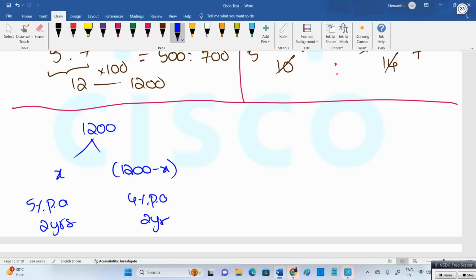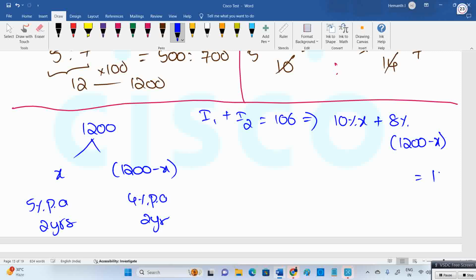Now the first interest plus the second interest combined is 106. First one's interest is 5% per annum for 2 years, meaning 10% of x. Second one, 4% per annum for 2 years, meaning 8% of 1200 minus x, is equal to 106. 10% minus 8% means 2%. 8% of 1200 is 96.